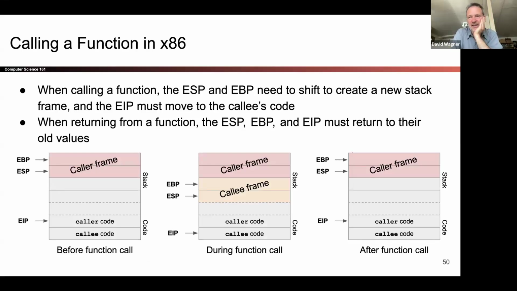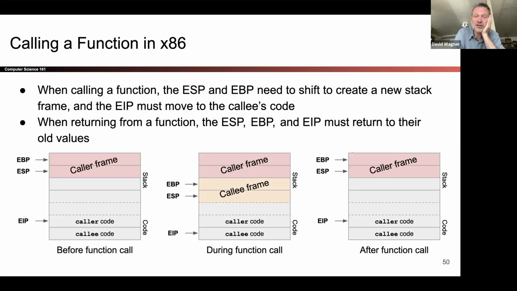So the short version is when you call a function, you need to create a new stack frame. So we need to shift around ESP and EBP to refer to the new stack frame. Initially, EBP and ESP are referring to the caller stack frame. We've got to move them down. We've got to allocate some space for foo's stack frame and move EBP and ESP down to that new place.